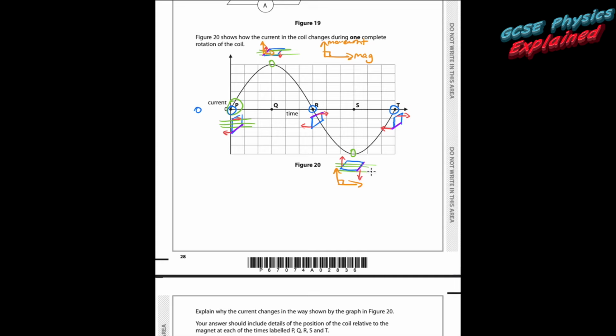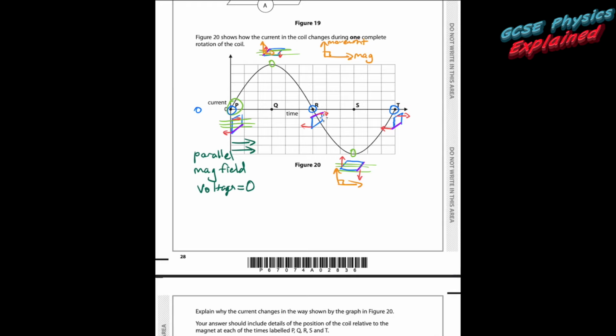Now let's compare that to these. So the movement is that way, and the magnetic field's that way. So they are parallel. The movement is parallel to the magnetic field. So the voltage you're going to get is 0.